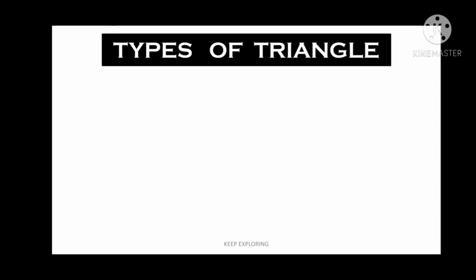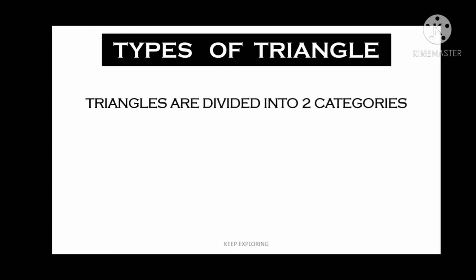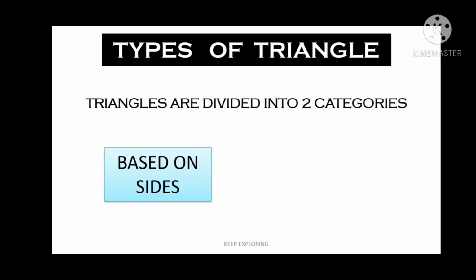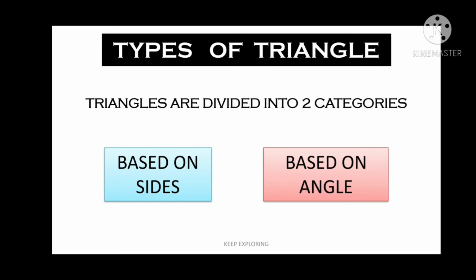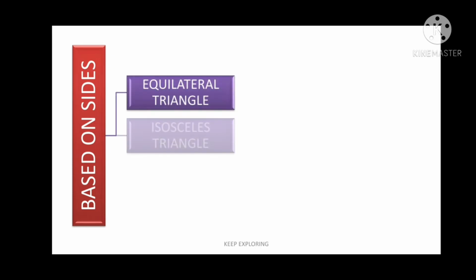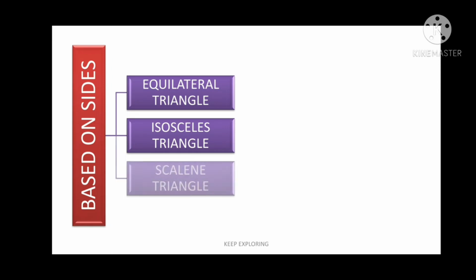Now let's see the types of triangle. Triangles are divided into two categories. One is based on sides and another category is based on angles. To start with, based on sides. The triangles based on the sides are equilateral, isosceles and scalene.